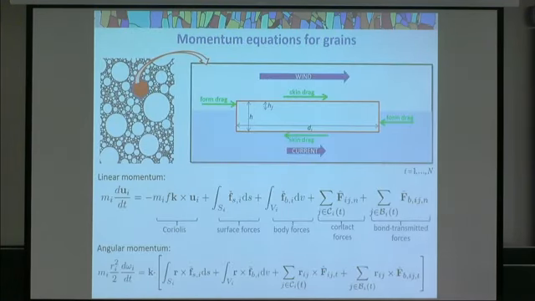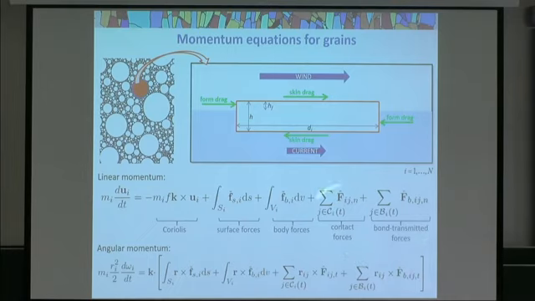And again, as every DEM model, this one solves the momentum equations for each grain in the modeled system. These equations are very general. We have to formulate forces acting on the grains from the ocean and from the atmosphere. Very broadly, they can be divided into surface and body forces.